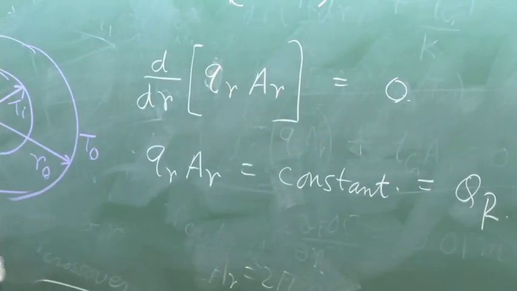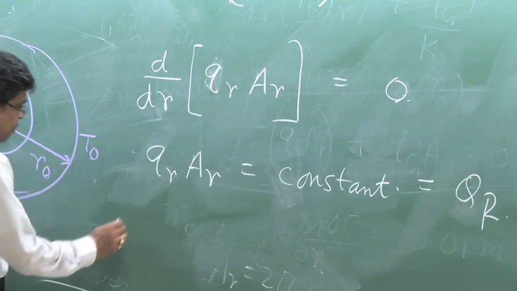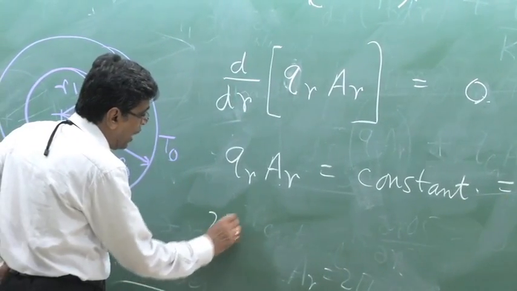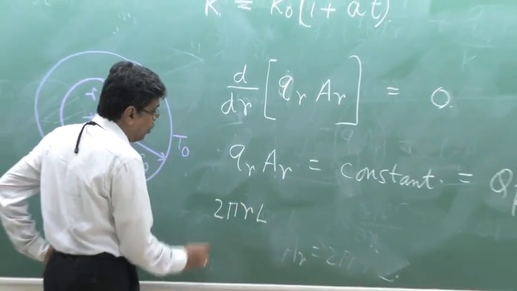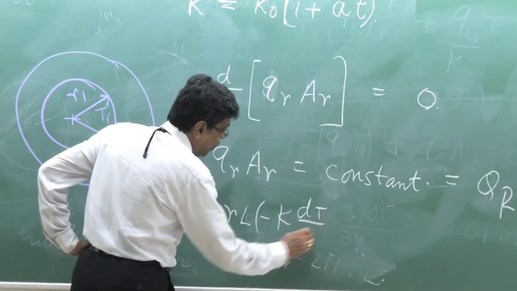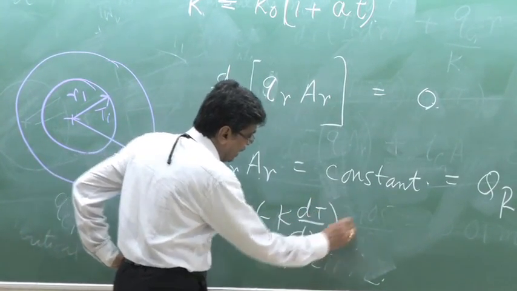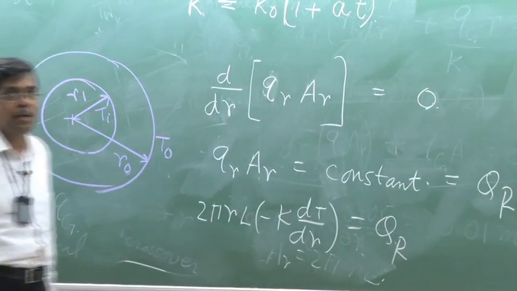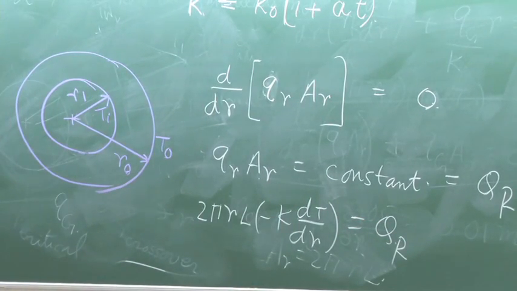And that constant equals Q_r, the total rate of heat transfer. Now what is Q_r? A_r is 2 pi r L and q_r is minus K dT/dr. That is equal to a constant, and that constant I will call Q, the total rate of heat transfer.